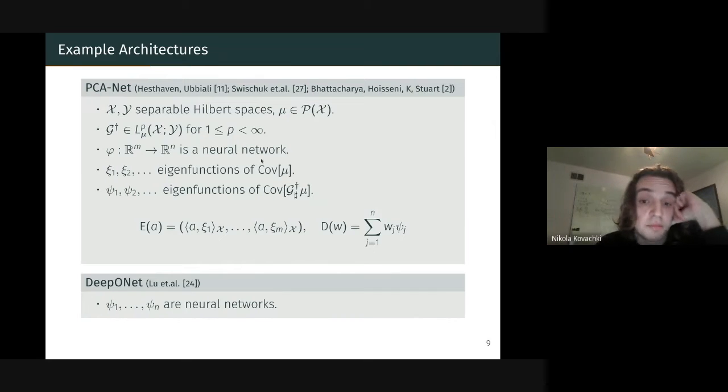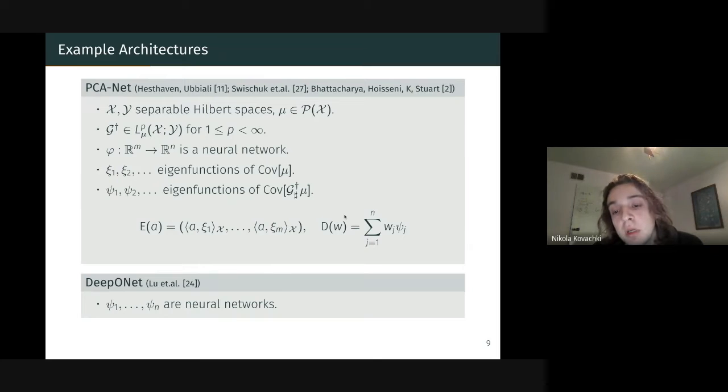Then the above idea can be instantiated through just PCA, basically. You take the covariance of mu and find its eigenfunctions, you take the covariance of the push forward of mu under G dagger and find its eigenfunctions, and then you can define your encoder to simply be the projection of your input function onto the first m eigenfunctions of the covariance of mu.